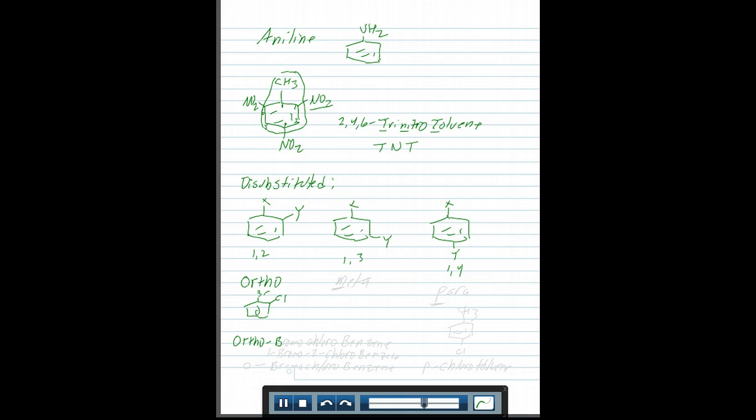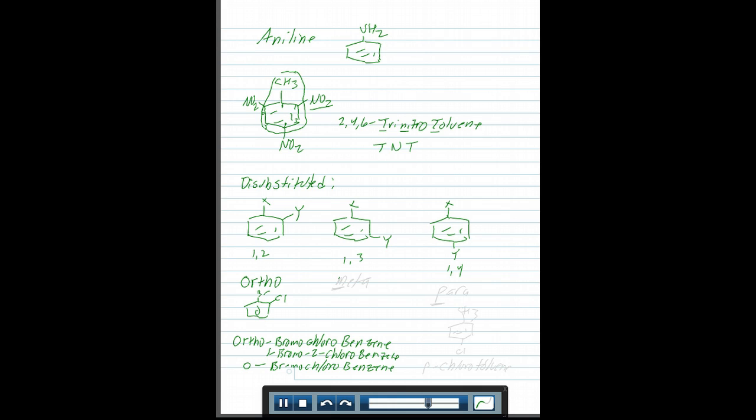So ortho-bromochlorobenzene. Or you can name it 1-bromo-2-chlorobenzene. Instead of saying the word ortho, you can say o-bromochlorobenzene. The o or the ortho implies it's 1,2.